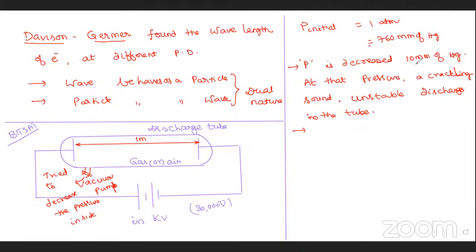Right? If they decrease the pressure further, finally it is the time to celebrate. Why? Because finally we found some light from the discharge tube, which means surely some particles are coming from one side to the other side and conducting some current, which they tested by connecting an ammeter and found some current.